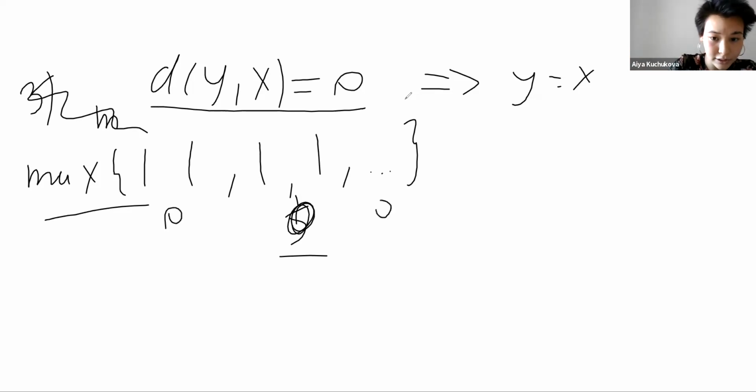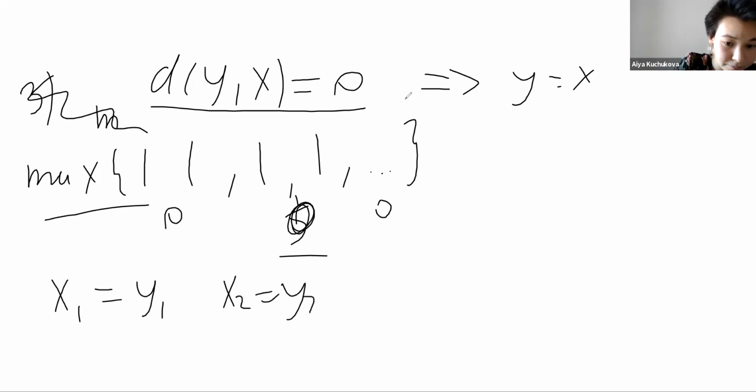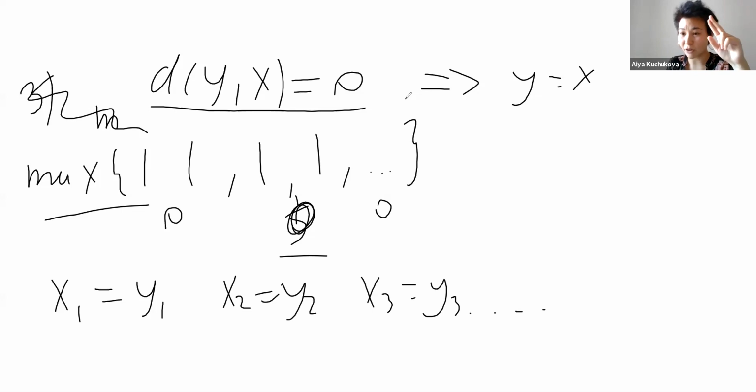I hope it does. And so it means that all of the absolute values would be equal to 0, which means that x1 equals y1, x2 equals y2, x3 equals y3, and so on. And when for some 2 points all of their coordinates are the same, it just means that x is equal to y. So we proved that first side.